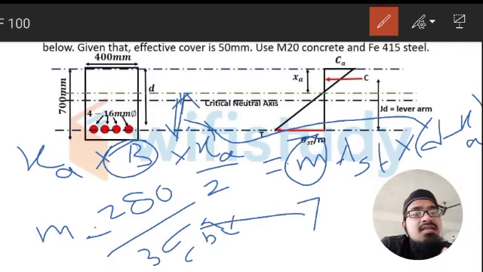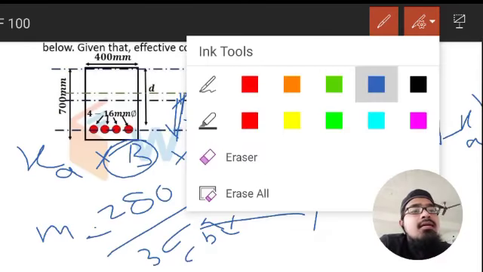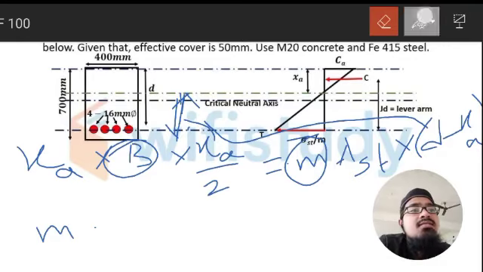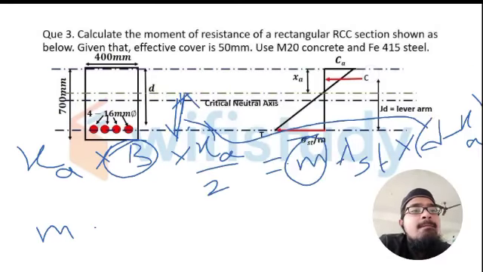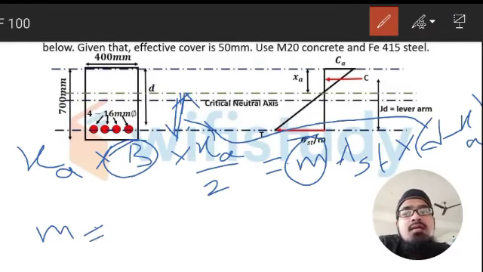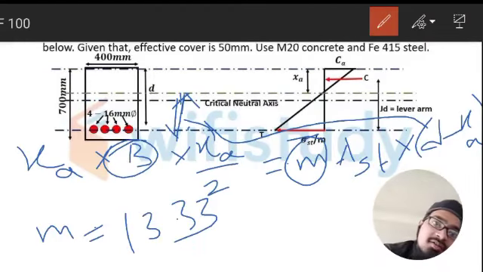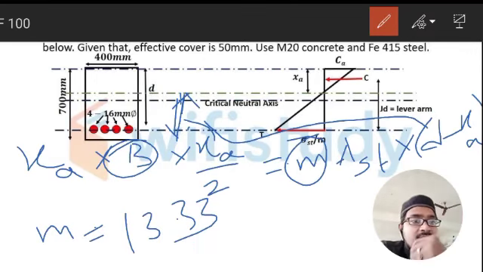Put 7 in the sigma CBC value and you will get the answer 13.33. This is the modular ratio.